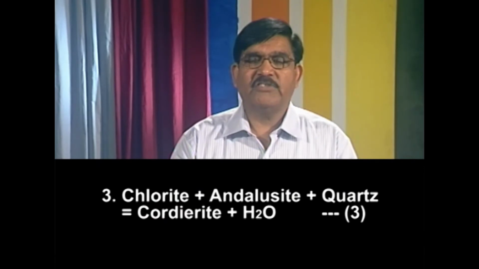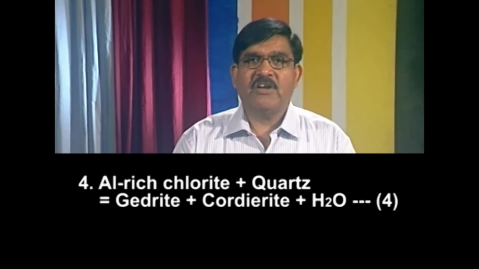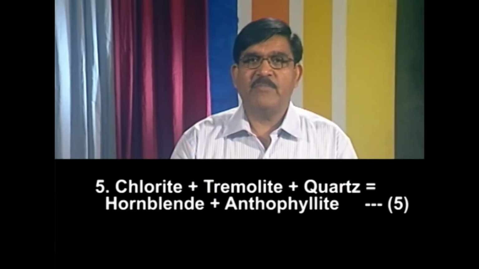Third reaction, chlorite plus andalusite plus quartz give rise to cordierite plus water. Fourth reaction, Al-rich chlorite plus quartz give rise to gedrite plus cordierite plus water. Reaction fifth is chlorite plus tremolite plus quartz give rise to hornblende plus anthophyllite.